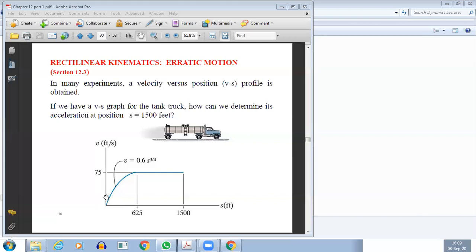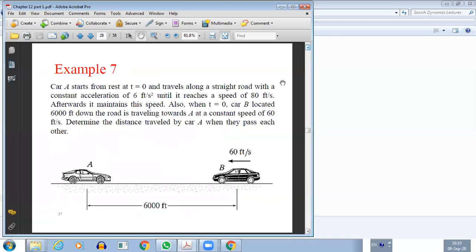So that kind of motion is known as erratic motion. Our last problem which we solved was an example of erratic motion because we had two cars, car A and car B. Car B was moving with a specific velocity with no acceleration, so the whole motion of car B was not erratic. It could be represented by a single equation. However, car A initially started from rest with a certain acceleration, 6 feet per second squared.